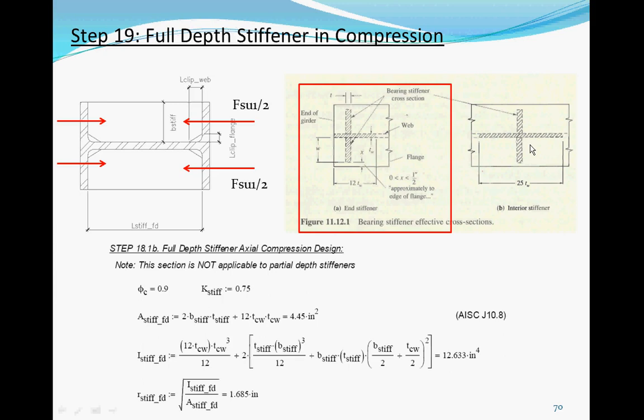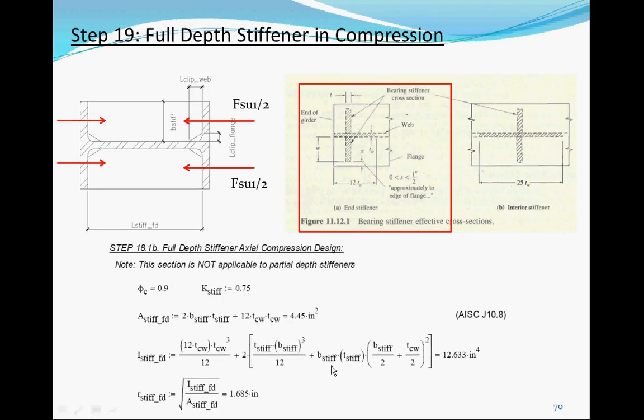This is for if you do the plate girder. That's what they're using for bearing, for interior stiffener. They add the stiffener, but they also account for part of the web, and that's the interior, and this is obviously the end condition.